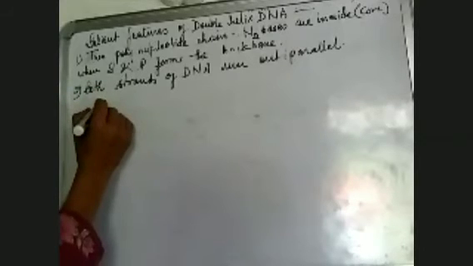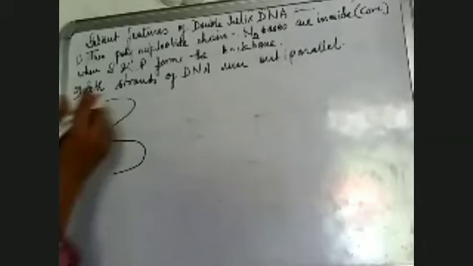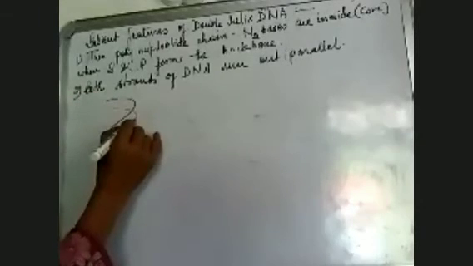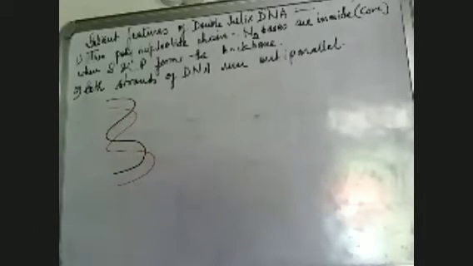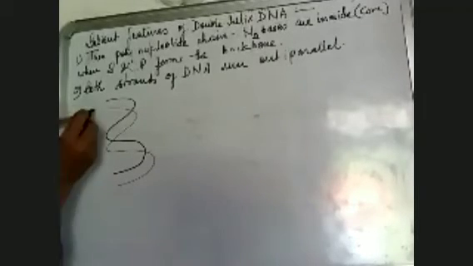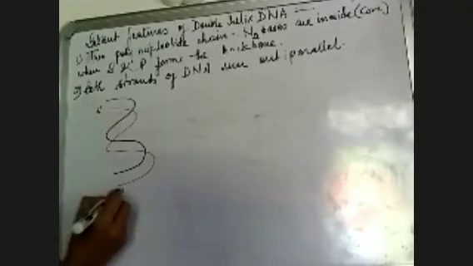This is, suppose, one strand of DNA. Suppose here this is another strand of DNA. Suppose the polarity of the red strand is 3' to 5'.